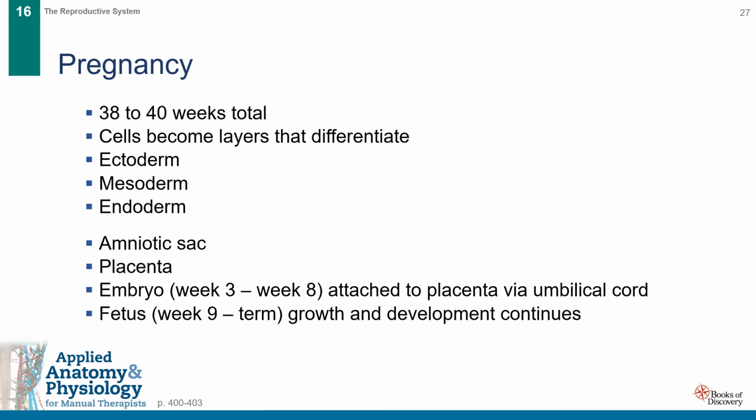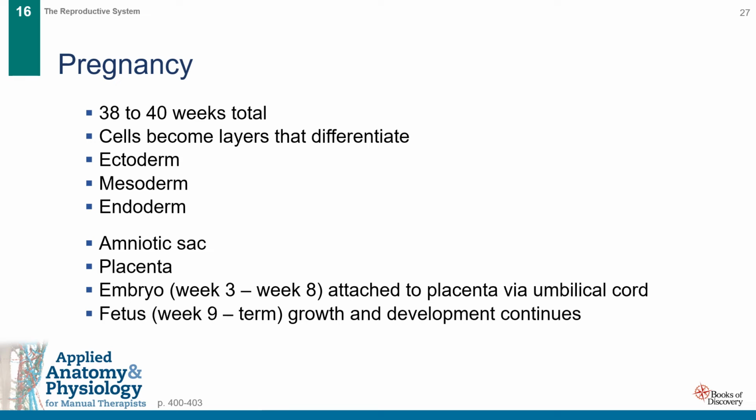While pregnancy begins with fertilization and implantation, the entire prenatal period is 38 to 40 weeks. Development begins with continued mitosis and adaptation of the blastocyst. The inner mass of cells develops into the embryonic layers of the ectoderm, mesoderm, and endoderm, which differentiate to produce the various cells, tissues and systems in the body.